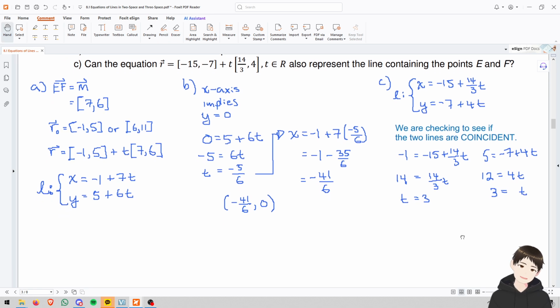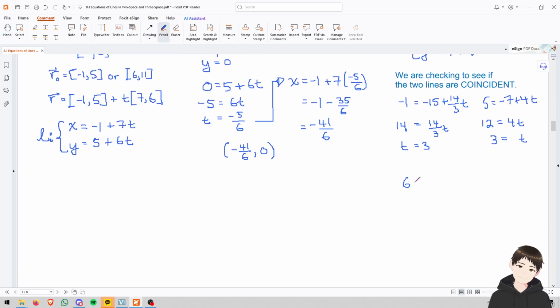We'll do the same thing with 6 and 11. 6 is my x value, and using the same parameter, I need to get 11 as my y value. Add both sides by 15. Multiply both sides by 3, divide both sides by 2. That gives me 9 over 2.